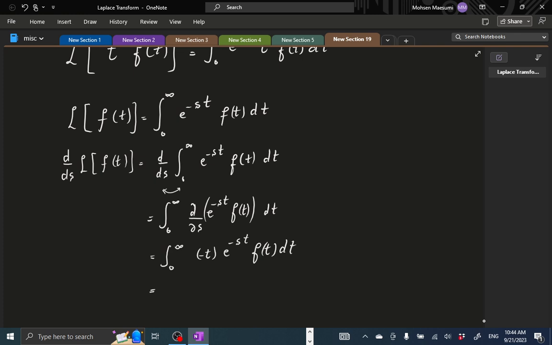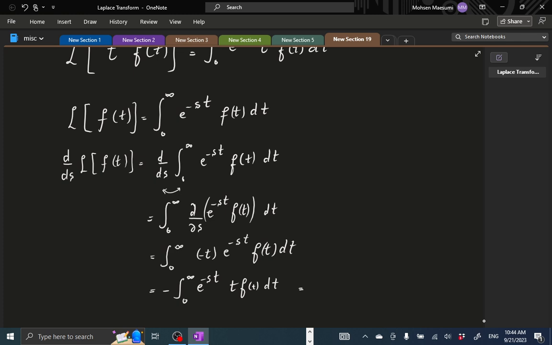And this is exactly what we want, except that it has an extra negative. So let me put that aside, 0 to infinity of, here's my kernel, here's my function, I put the t next to f, so that we see that our function we are looking at is t f of t.